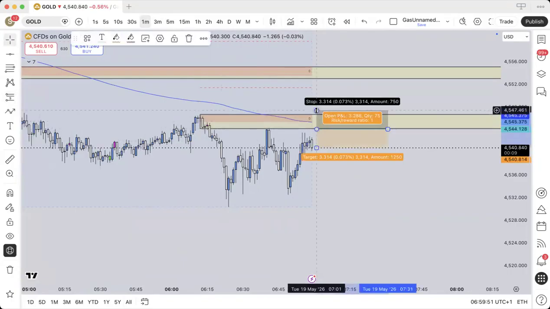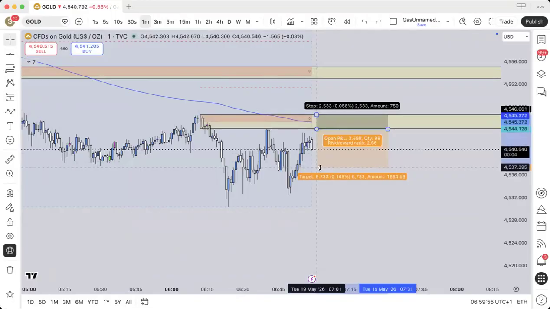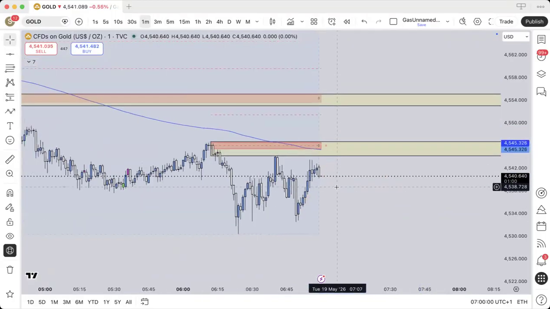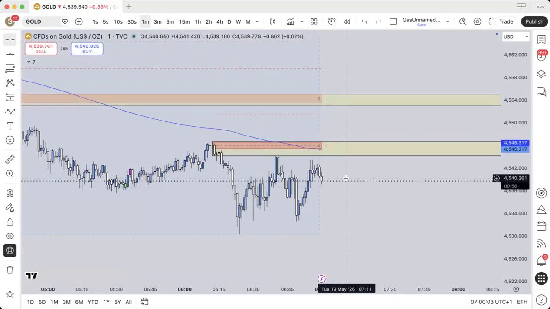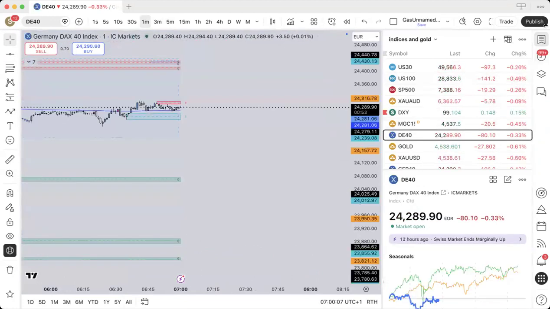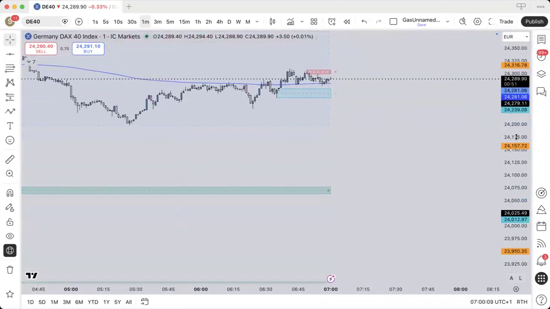Let's see what this gives us. Yeah, we haven't really got an imbalance there, so that's not a trade in my opinion. So we'll look back at DAX. See what DAX is going to do.